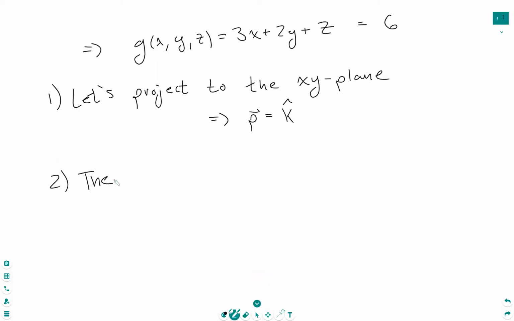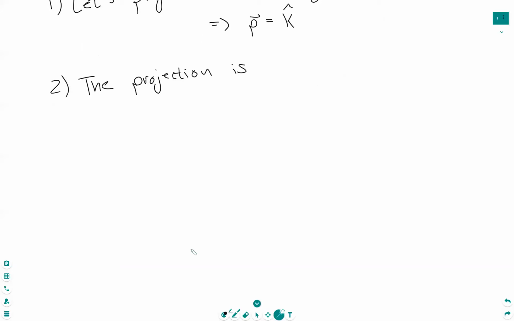So step 2 is to figure out what the projection of this looks like. This is just a plane that's going to be intercepting the xy plane when z is equal to 0. So you can substitute in z is equal to 0 and find out the equation where it intercepts.